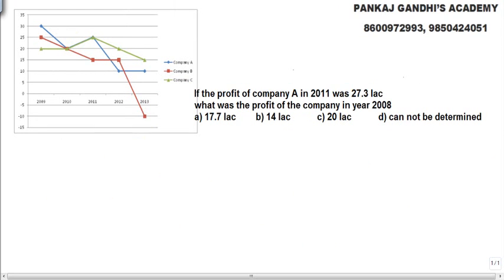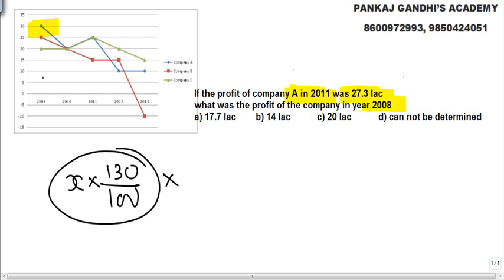Look, I have already explained enough here. What the question says here: if A11 was this in 2011, what was it in 2008? Let's say it was X. Now what has been given is that from 8 to 9 the increment in profit is 30%. It got increased by 30%.